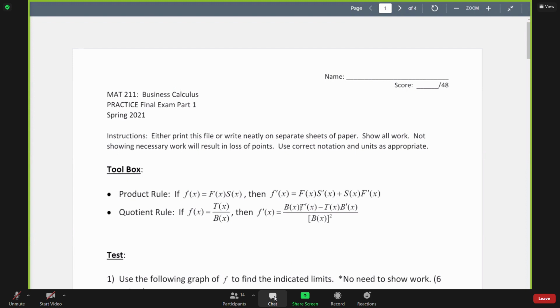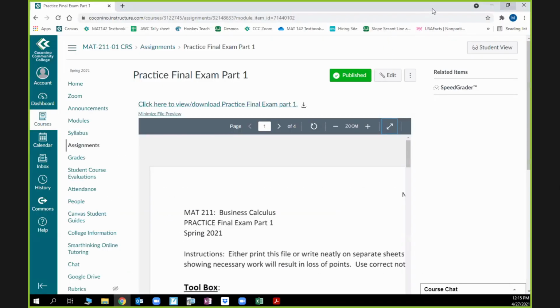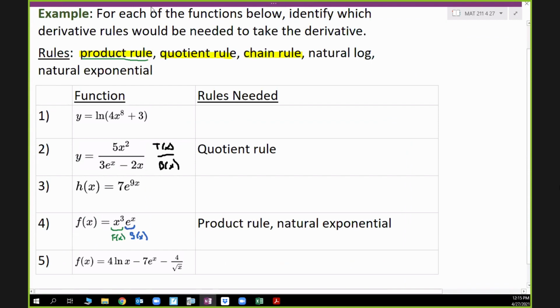So product rule and quotient rule, if you're using them a lot, you tend to memorize them, but it's not super necessary. And on a test, our brains sometimes forget things. So those are available. What won't be given to you are the other rules.